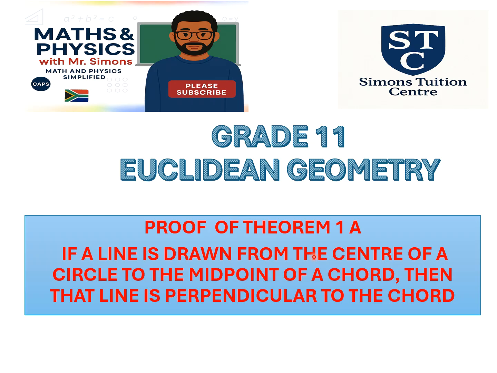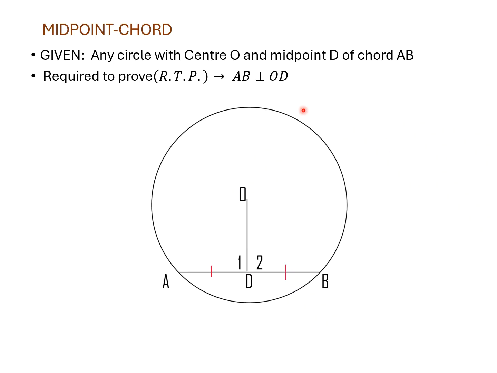We're going to be proving this theorem, and I'm going to show you how we give it to you and what you're required to do. Given any circle with center O, and midpoint D of chord AB, required to prove, we just write RTP, that AB is perpendicular to OD, meaning where these two lines meet, there must be a 90-degree angle formed.